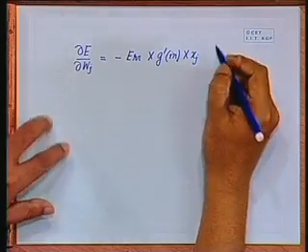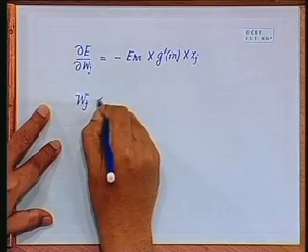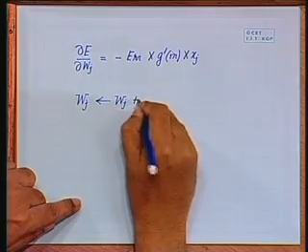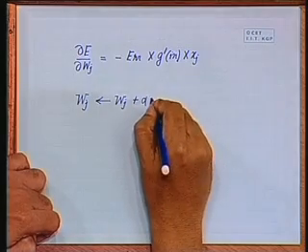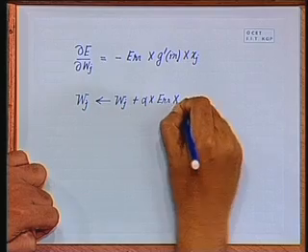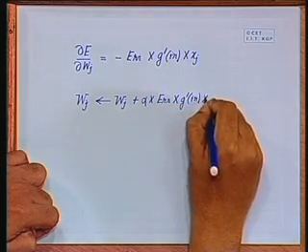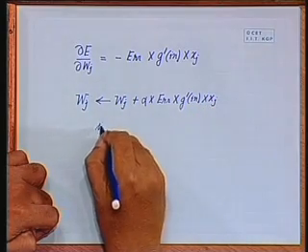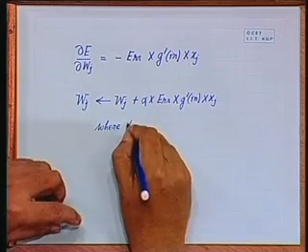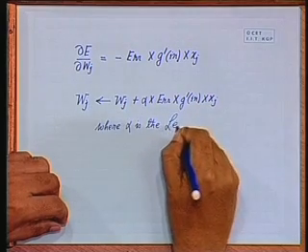From this we set Wj to be Wj plus alpha into ERR into G dash in into xj, where alpha is called the learning rate.